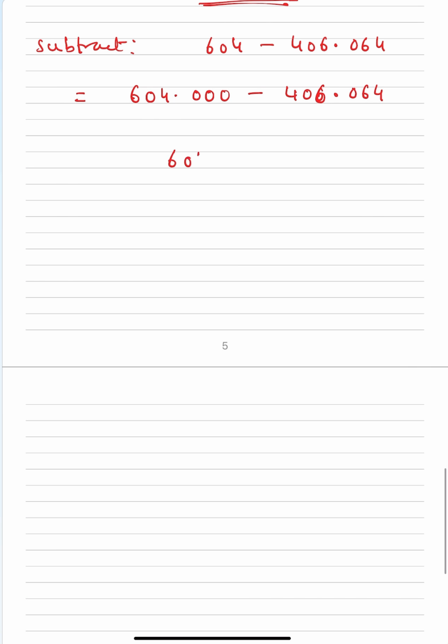Place them vertically. 604.000, subtract it. So 4, 6, 0, decimal point 6, 0 and 4. Now here we'll directly borrow from 4. This will become 3, 9, 9 and 10. This is 6. 9 minus 6 is 3. 9 minus 0 is 9.